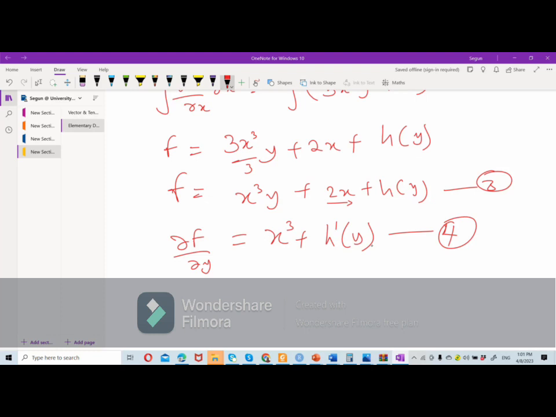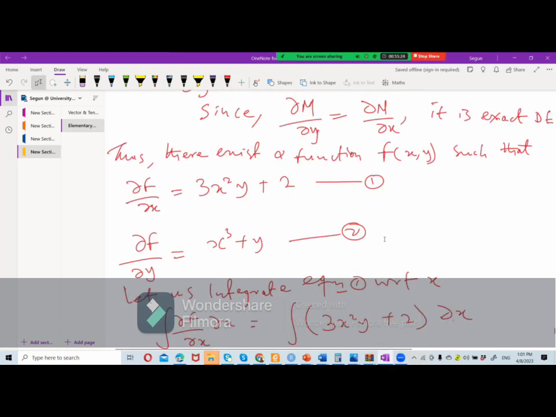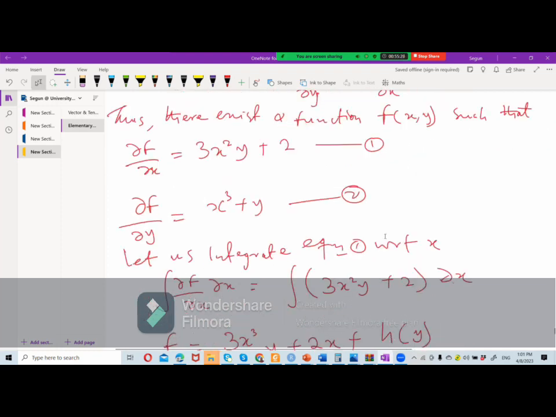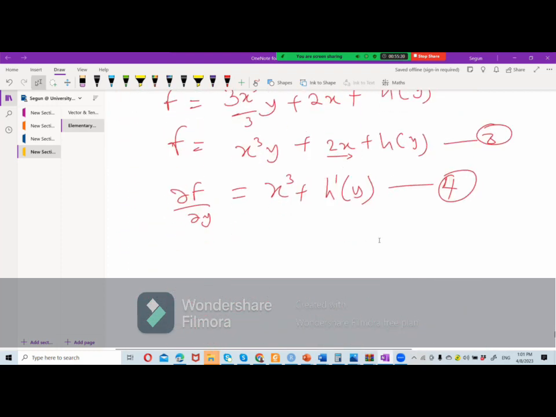So in this case, now that we have the prime, we can compare equation 3 and equation 2 together. Equation 2, you remember, is the f dy. So let's compare them and see what we have.